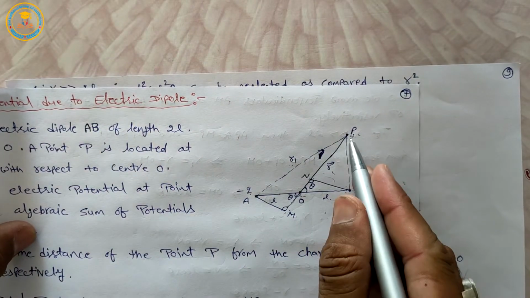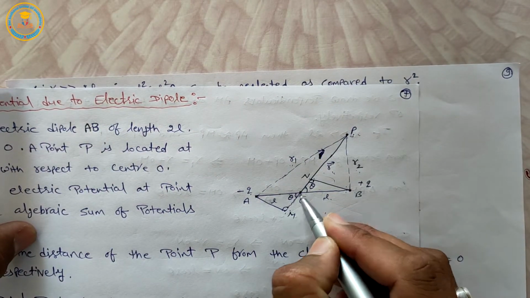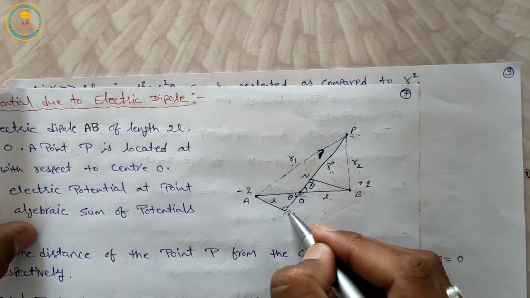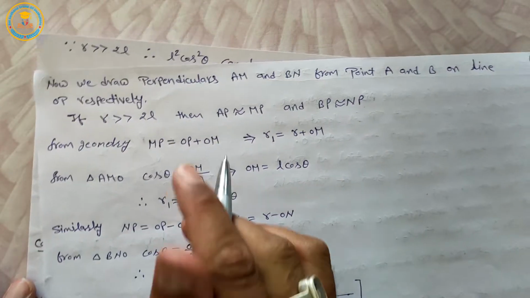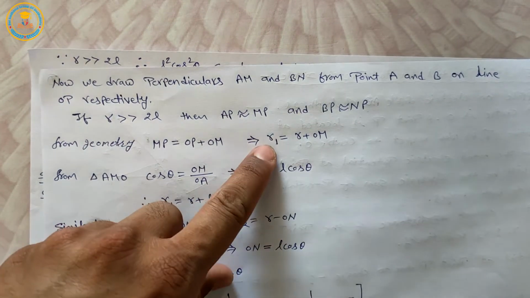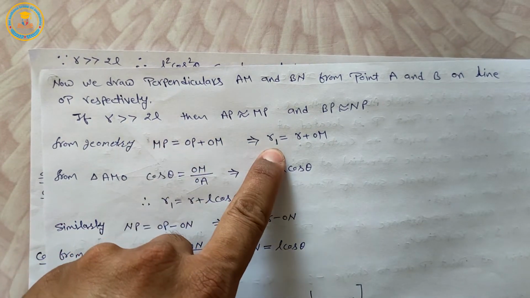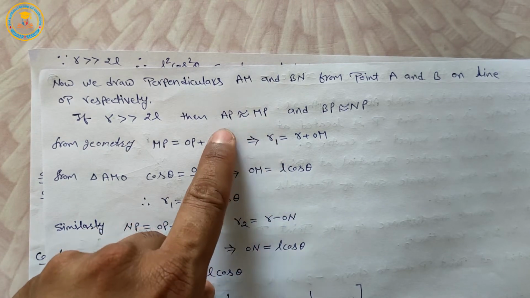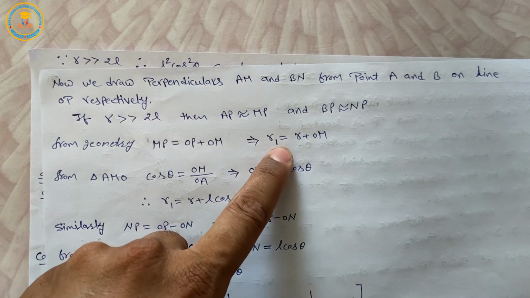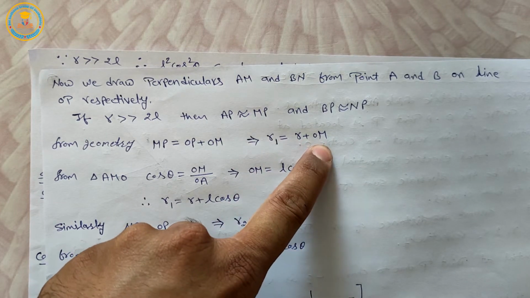The value of OP is r and OM is the same. So r1 is equal to, here we put MP equal to r1 because MP approximates to AP and AP is equal to r1. So r1 is equal to r plus OM.